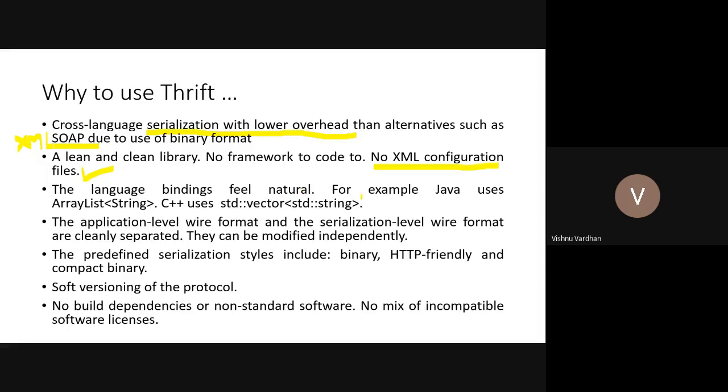Language bindings feel natural. For simple, Java uses this, C++ uses standard vector this. So because that is coming directly from the ideal. Okay, जब ideal में अगर आप thrift के लिए लिखेंगे, it automatically knows C++ के लिए बेस्ट कौन सा है. So C++ के लिए array list है तो वो ऐसा डेटा टाइप में कन्वर्ट करके रेडी करेगा. जावा के लिए, C++ के लिए std vector ऐसा रेडी करके.